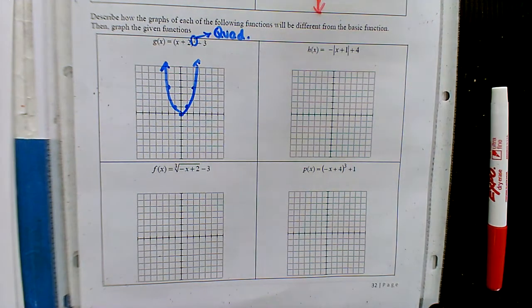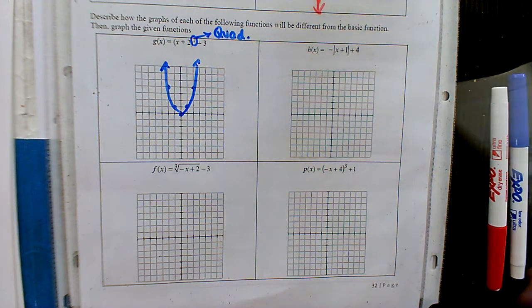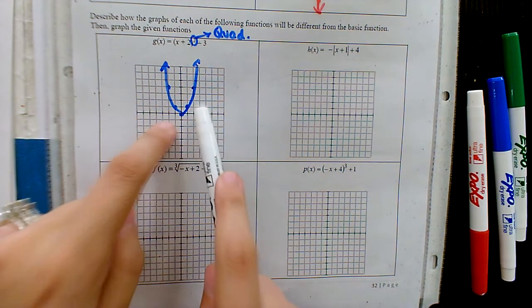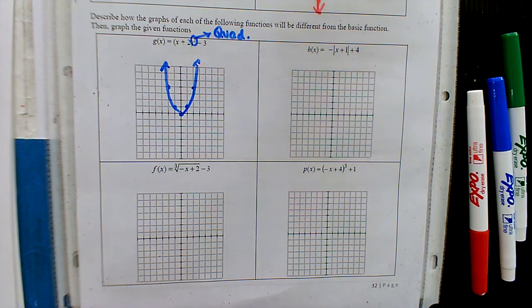Okay. So since the power of 2 hinted us into the type of graph we need to start with, everything else in that equation is a transformation or a change. That power of 2 does not affect the graph. It tells you what kind you need to start with. So can we take a look at the rest of the equation and pick apart how we're going to move this parabola?